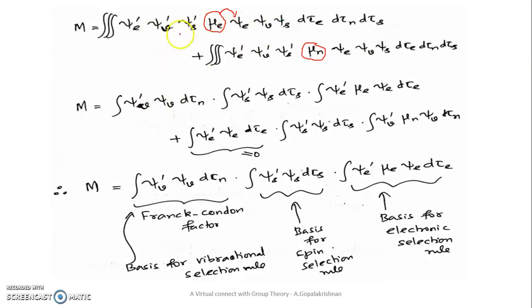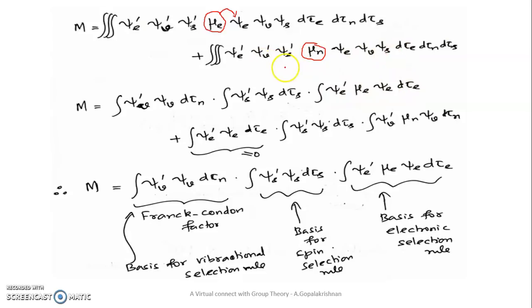You can write psi v prime and psi v combined in a separate integral. Similarly, psi s prime and psi s you can combine and write in a separate integral, and the remaining psi e prime, mu e and psi e form a separate integral. You can separate like this. Mu e operates only on psi e, so you cannot separate this; you have to keep them as such.